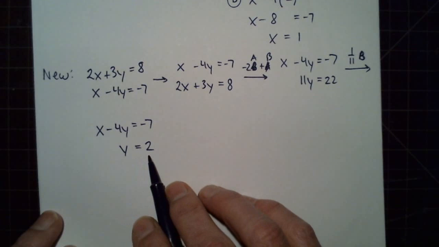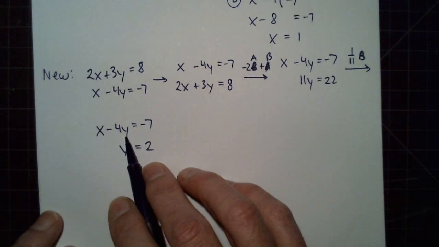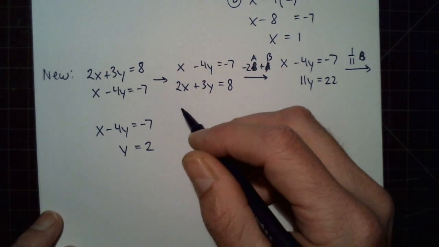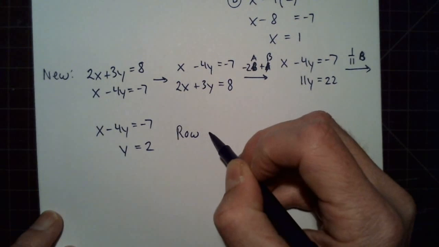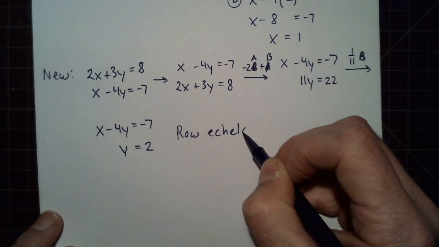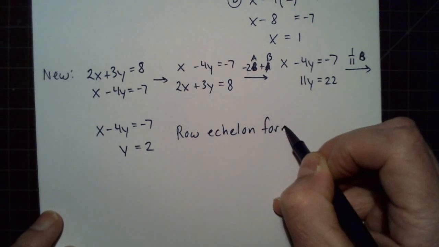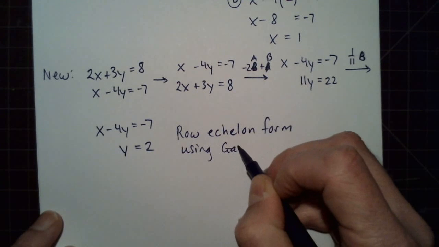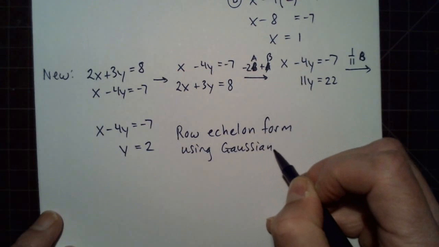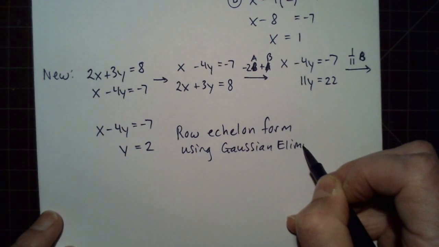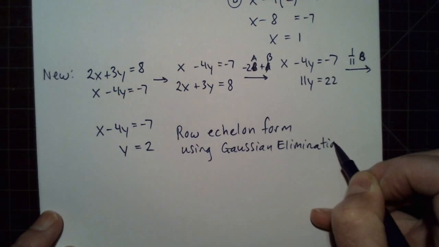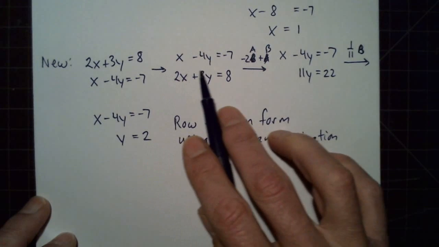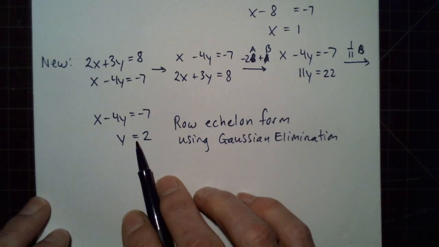And then we could do substitution with 2 there, and we'll solve for x. So here we have this is Gaussian elimination to get row echelon form.